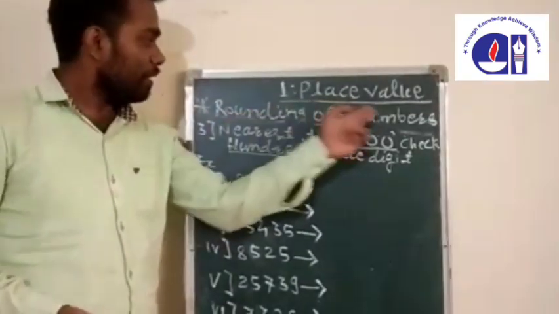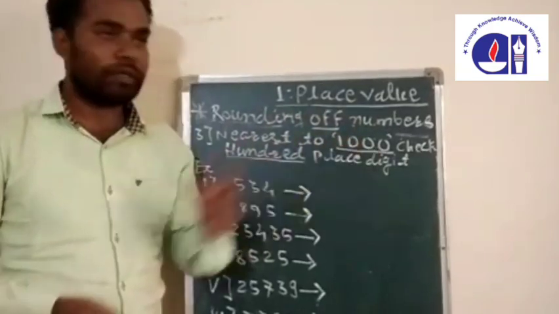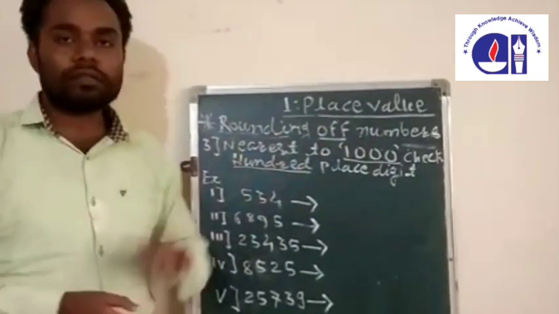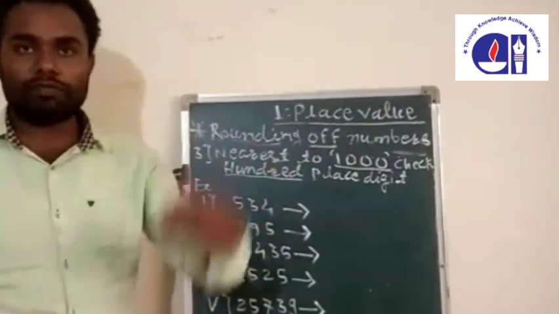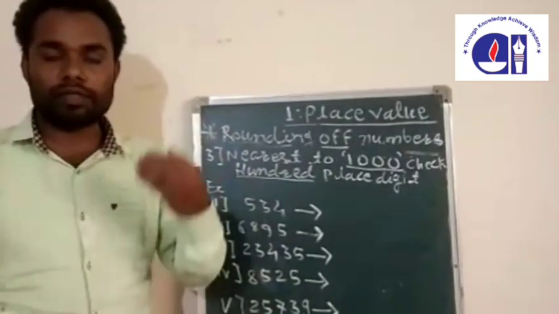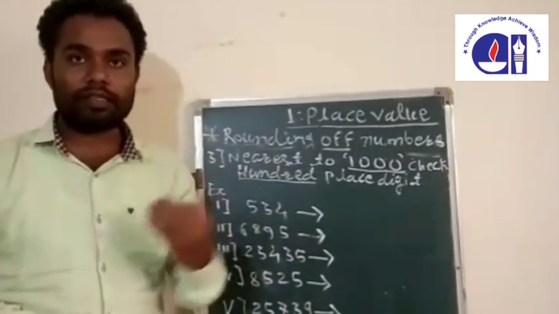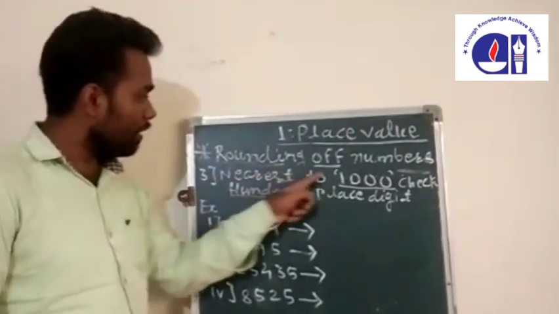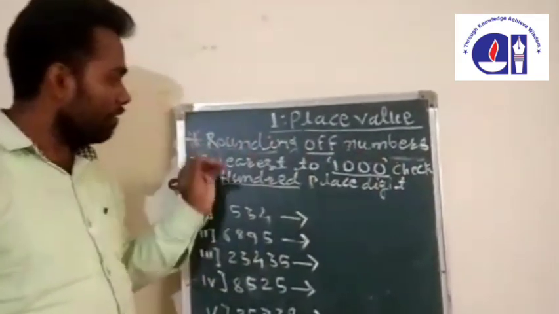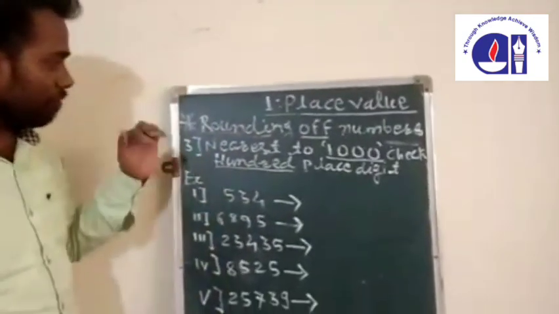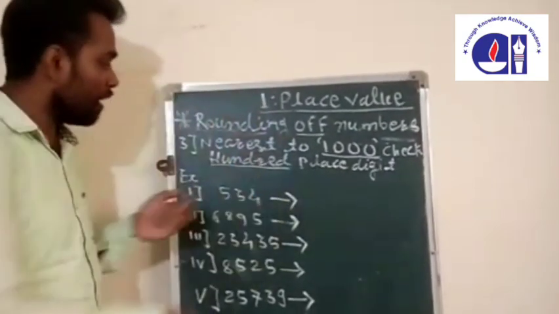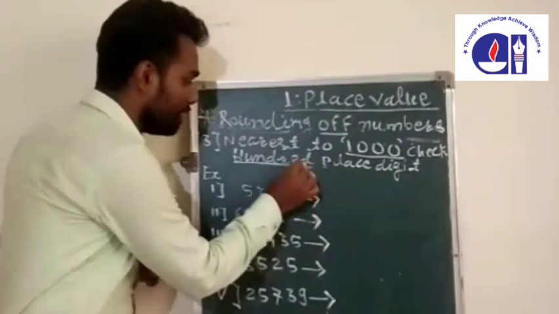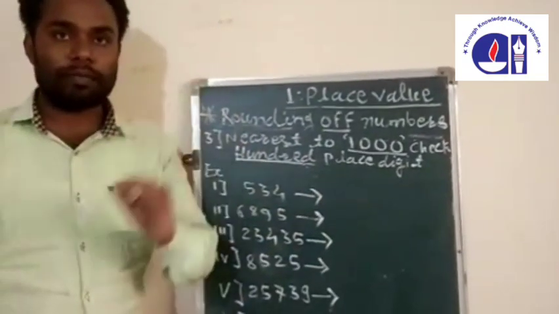Okay. Rounding numbers to the nearest 1000. You know 1000 means 1000, 2000, 3000, 4000, 5000, 6000, 7000, 8000, 9000 and 10,000. When we have to round to the nearest 1000, we check the 100 place digit of the given number.